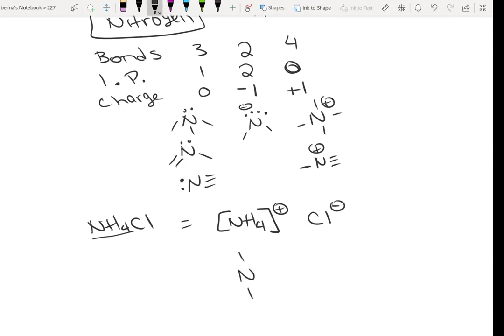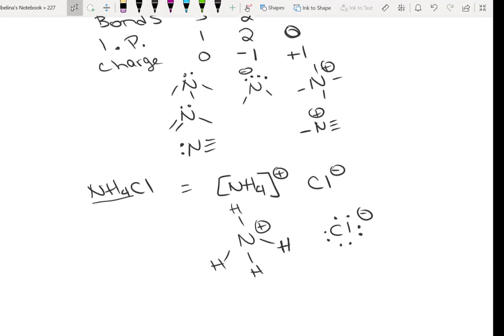To show the covalent bonds, I can show all the bonds between nitrogen and the hydrogens. Nitrogen with 4 bonds on it is plus 1. Either you remember that because you've done so many practice examples, or you do 5 minus 4 minus 0. And then the chlorine has a negative charge because it's chlorine with 4 lone pairs.